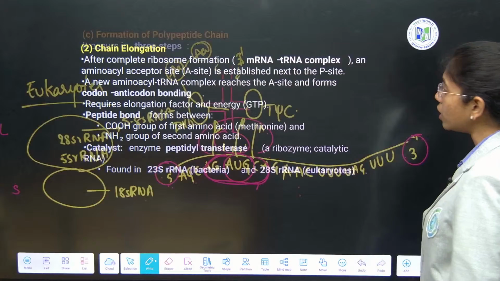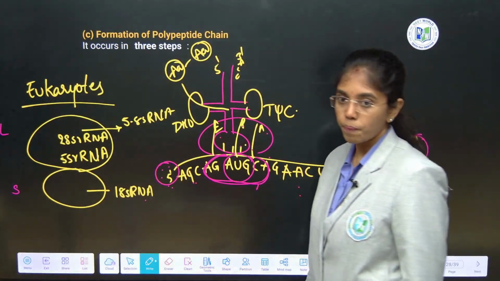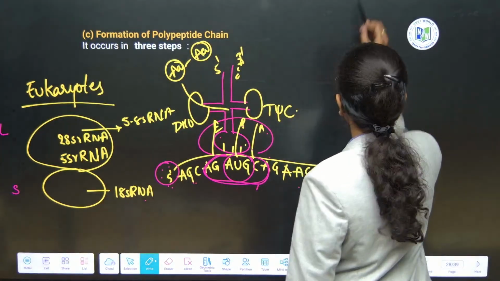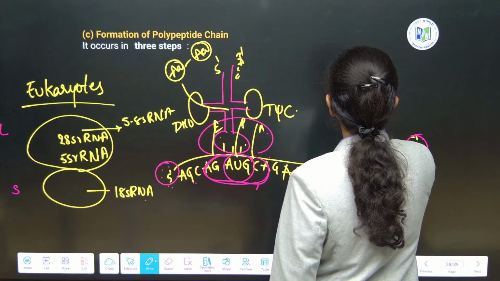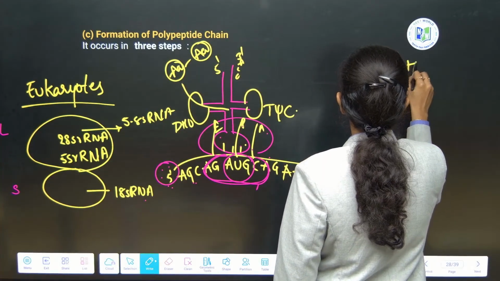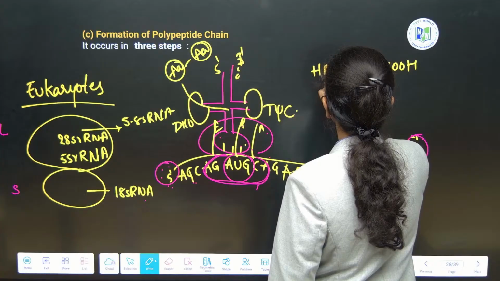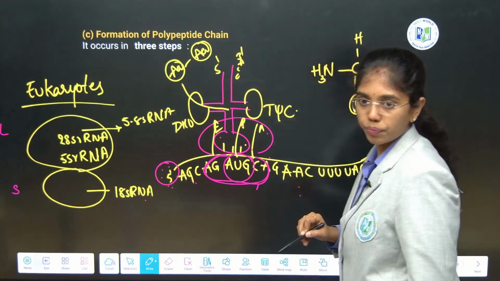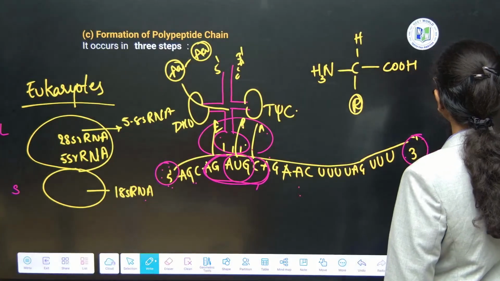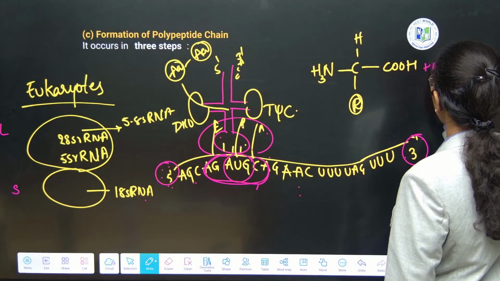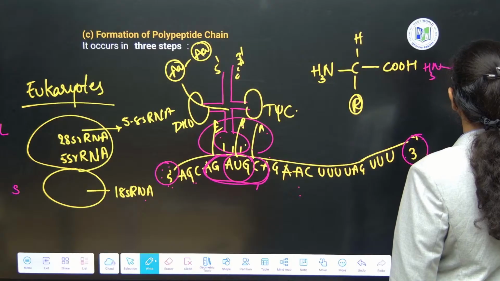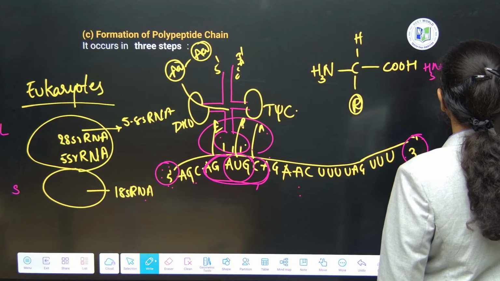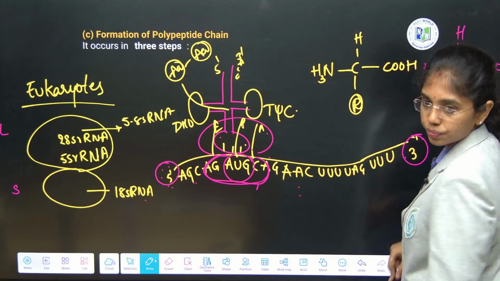How is a bond formed between 2 amino acids? We know an amino acid will have a carboxyl end, an amino group, an R group and a hydrogen, and this is coded to the next one: NH3, amino group, carboxyl group, R group and H. Fine.